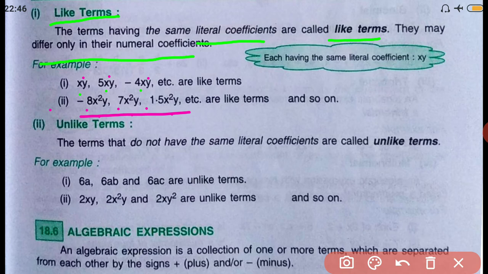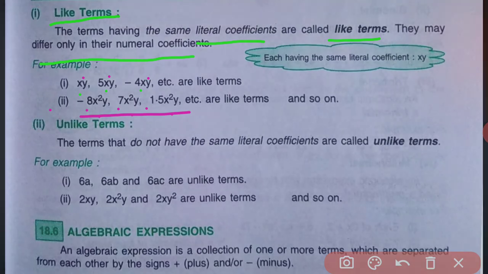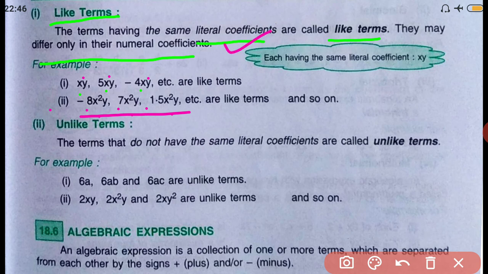Did you understand till here? So what are like terms? Like terms are those terms which have the same literal coefficient, that means the same alphabets.